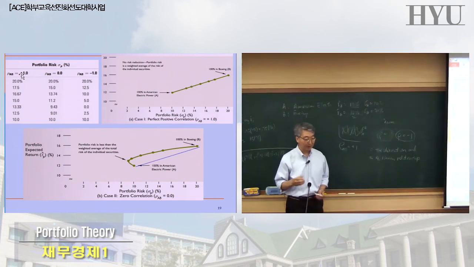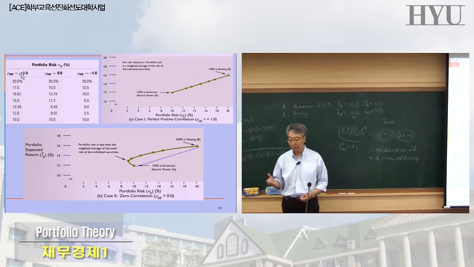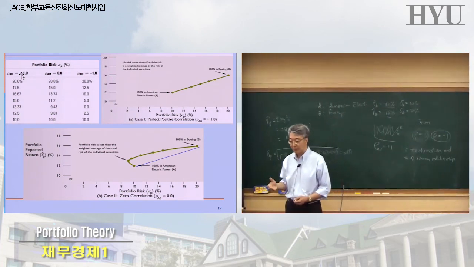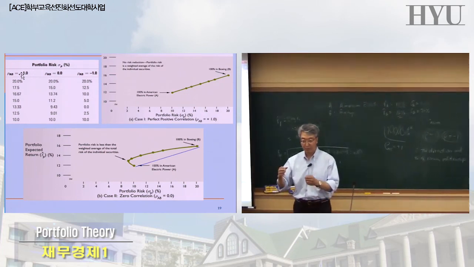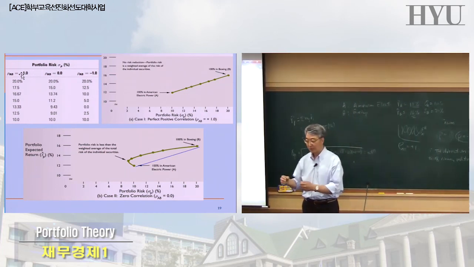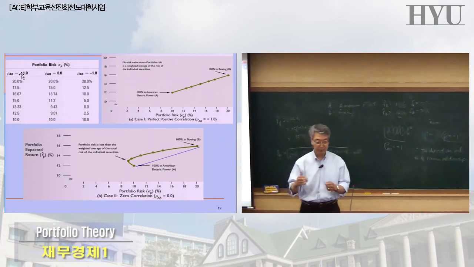If the return on A goes up by 10%, the return on B also goes up by 10%, exactly, right? If the return on A goes down by 5%, then the return on B also goes down by 5%. Basically, they are changing together. Absolutely no difference, right?